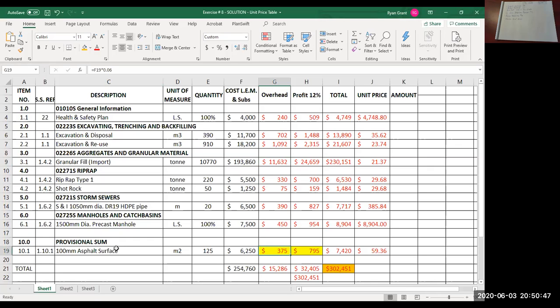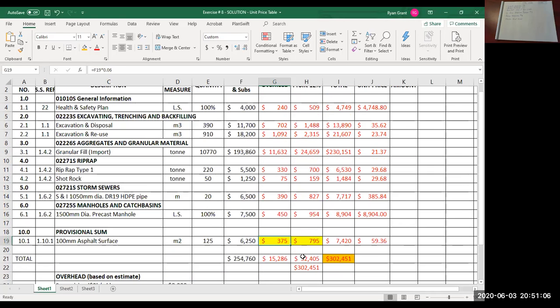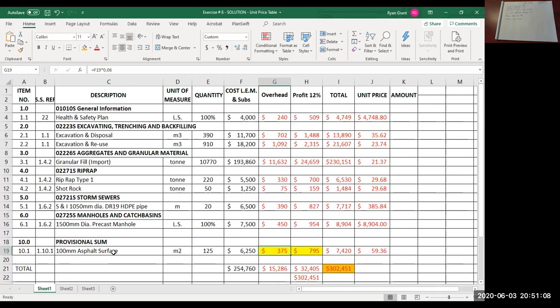So getting back to the provisional sum, if you spread your overhead on a provisional sum item, there's a chance you will not get paid that portion of your overheads. So I do not spread overheads onto provisional sum items.